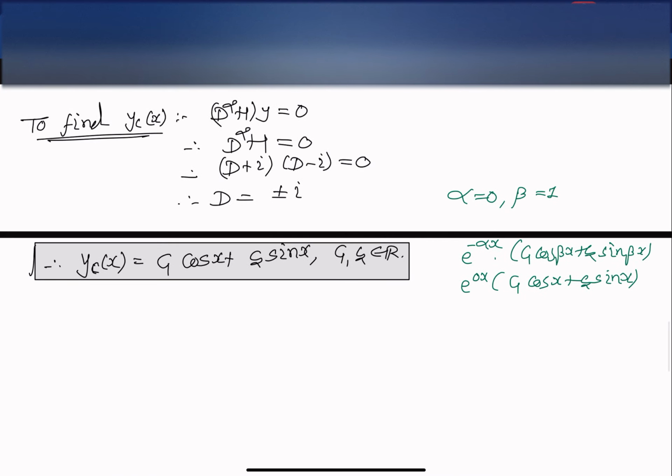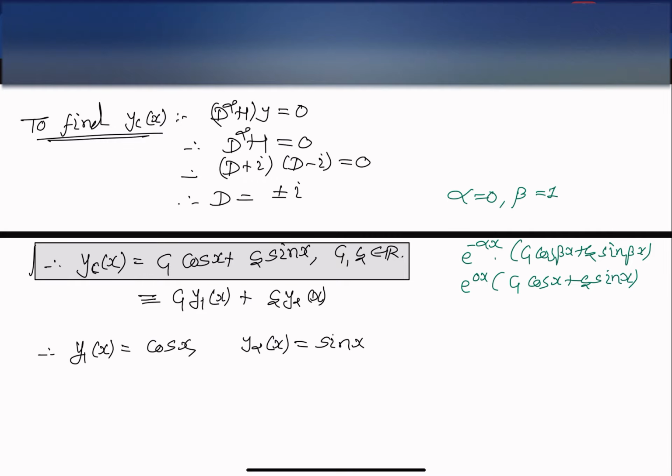So let us compare this with C1 y1x plus C2 y2x. This is a simple comparison, right? So what is y1x? y1x is equal to cos x, and y2x is equal to sin x. Clear?